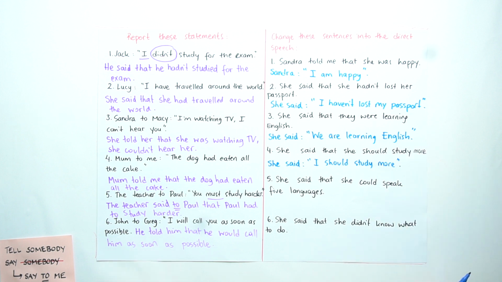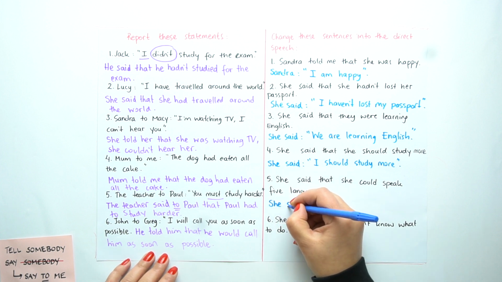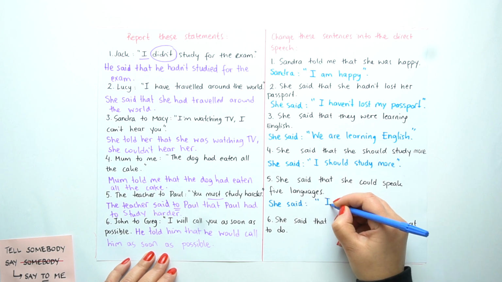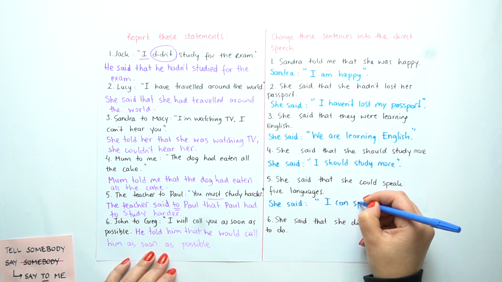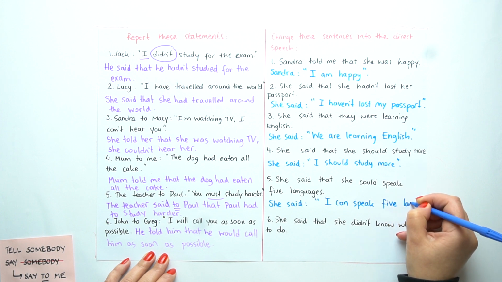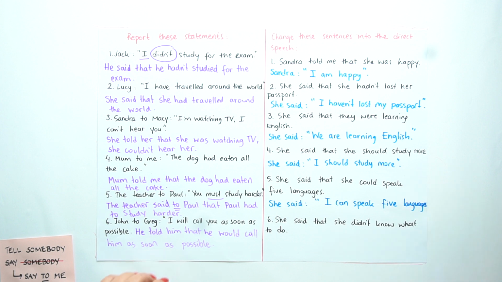She said that she could speak 5 languages. Remember, can becomes could, so the original sentence has to be with can. She said, I can speak 5 languages.